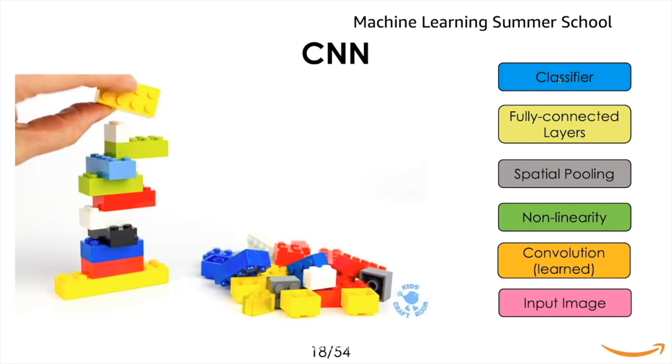But the difference in CNNs is that unlike in regular neural networks where neurons are arranged in 1D, in conv nets, neurons are arranged in 3 dimensions. So the input image will have 3 dimensions: width, height, and depth. And the neurons in a layer will not be connected to all the neurons in the previous layer. Instead, each will be connected to a small region in the previous layer when the convolution is taking place.